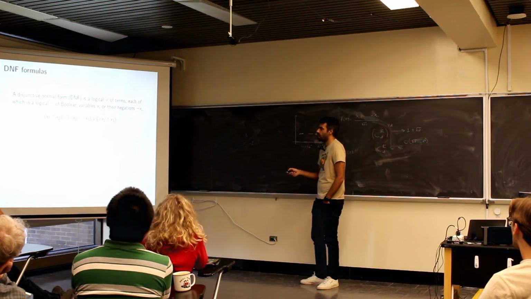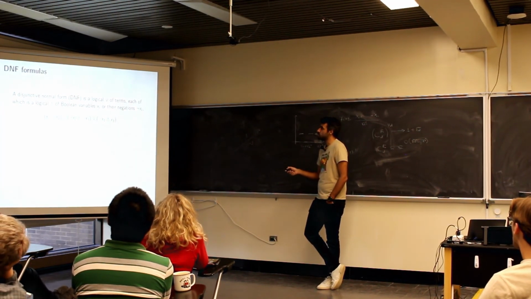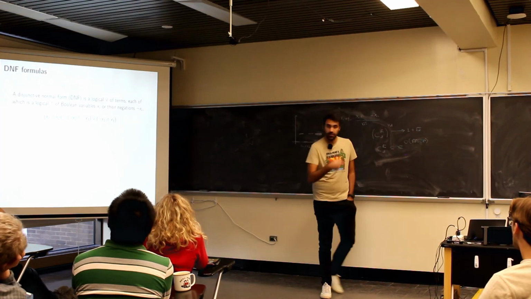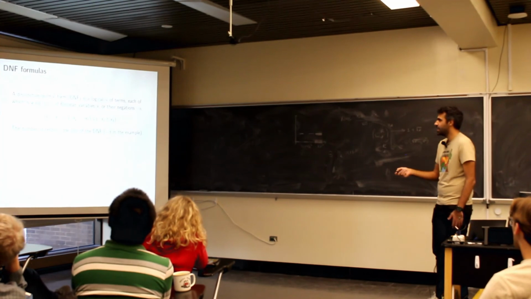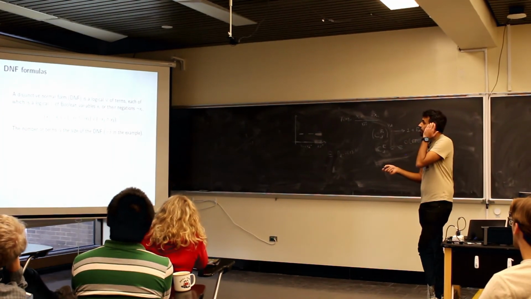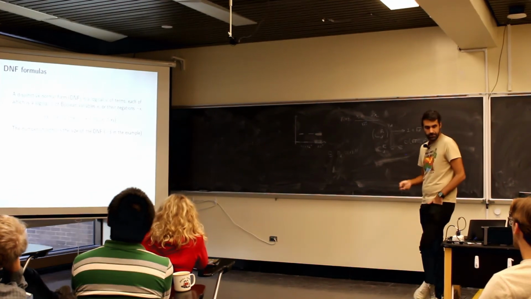When is this function equal to 1? If either x1 and x2 are 1, or x2 and x3 are -1, or x1 is -1 and x3 is 1. This defines a Boolean function on the cube, and the size is the number of parentheses here. So the size of a DNF is the number of parentheses.